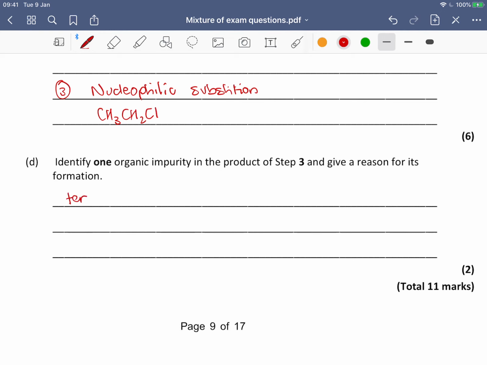So we could get the tertiary amine, triethylamine, or even the quaternary ammonium salt. Either of those would be acceptable. And our justification for that is that further reaction will take place.